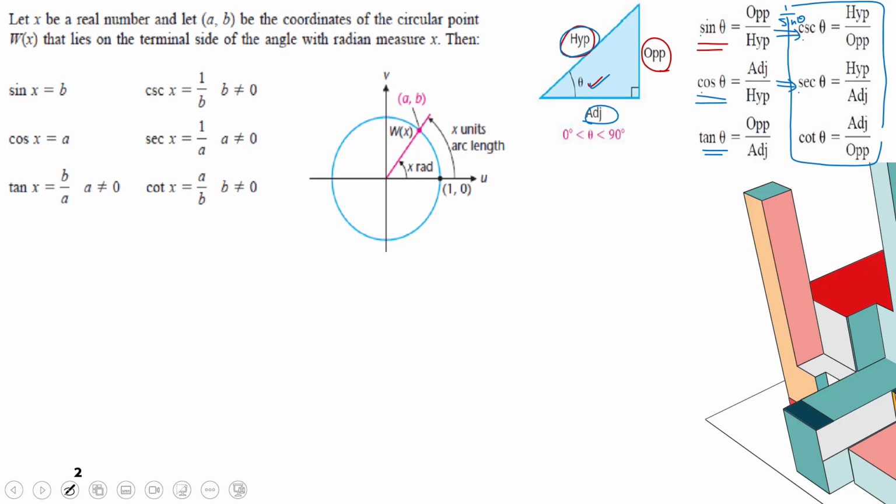If you have a unit circle, it means the radius is equal to 1. Now, the radian measurement for the angle is the length of the arc over the radius of the circle, right?